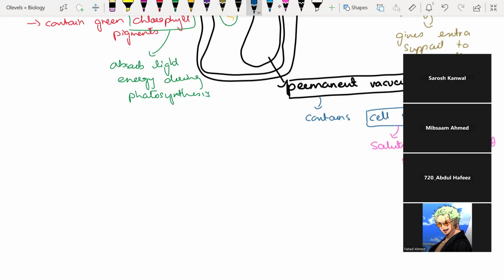And this permanent vacuole is used for storage and support of the cell structure.